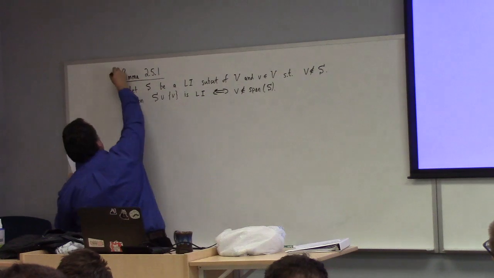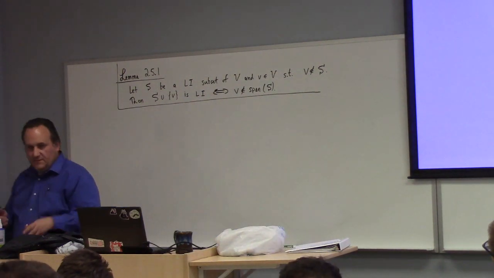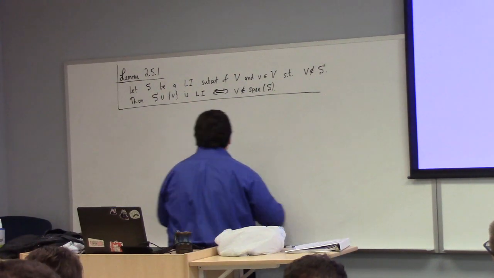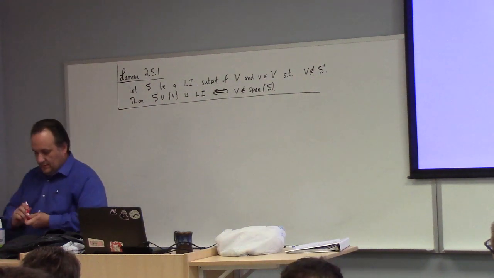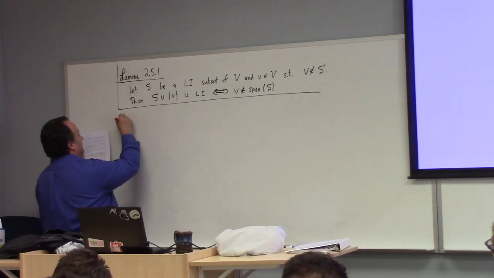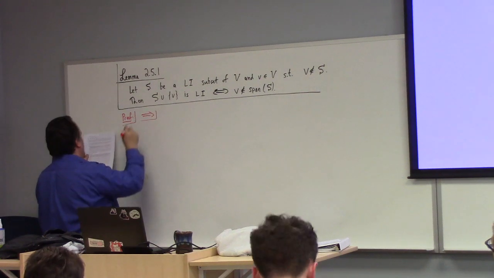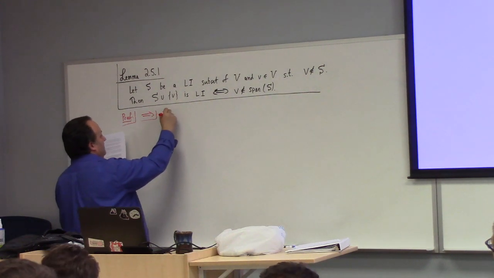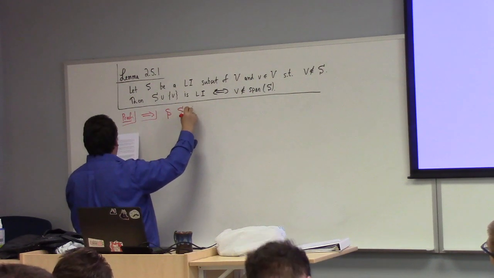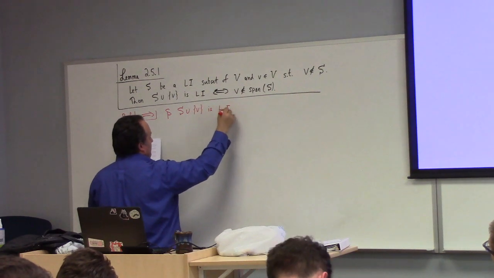This is an if and only if claim, so to prove it, we have to prove the forward and the converse. So let's do it. We'll start with the forward direction. Suppose that S unioned with v is linearly independent.